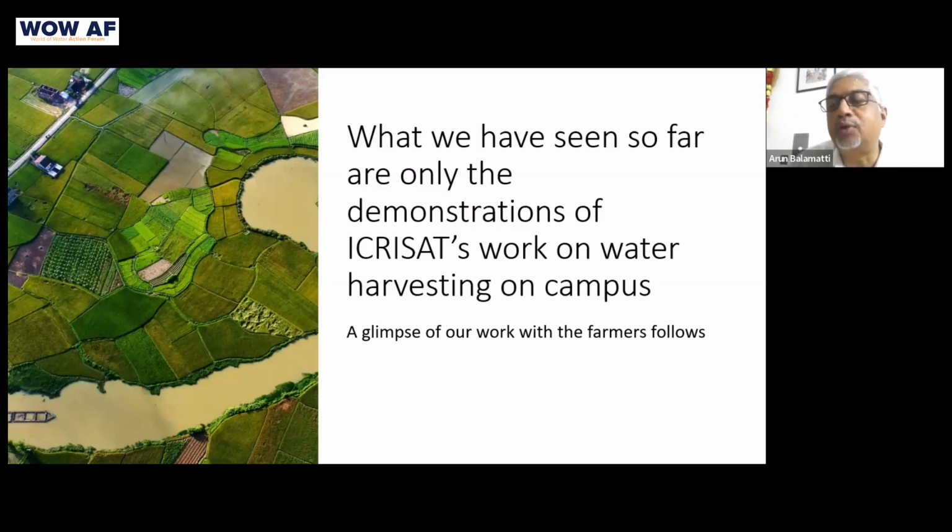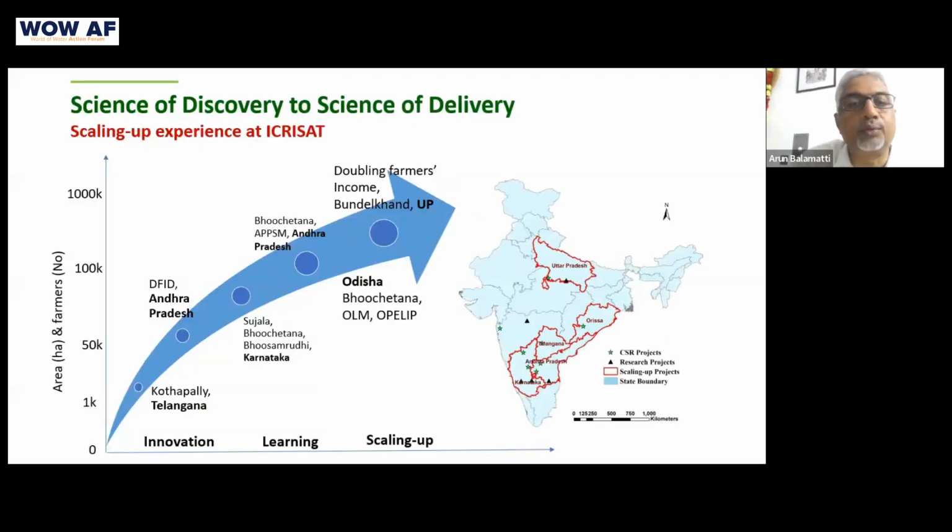That is the amount of water available. Technically, only around 30-35% percolates into the ground, and the rest flows off as runoff, which is what we are trying to capture. We are trying to improve percolation so there is more infiltration, and the runoff water is harvested in those water bodies. So this is a demonstration of what we do on the fields.